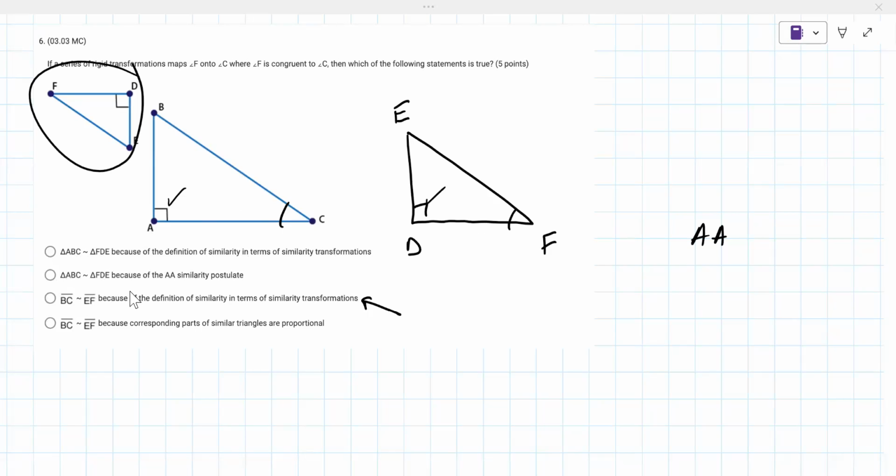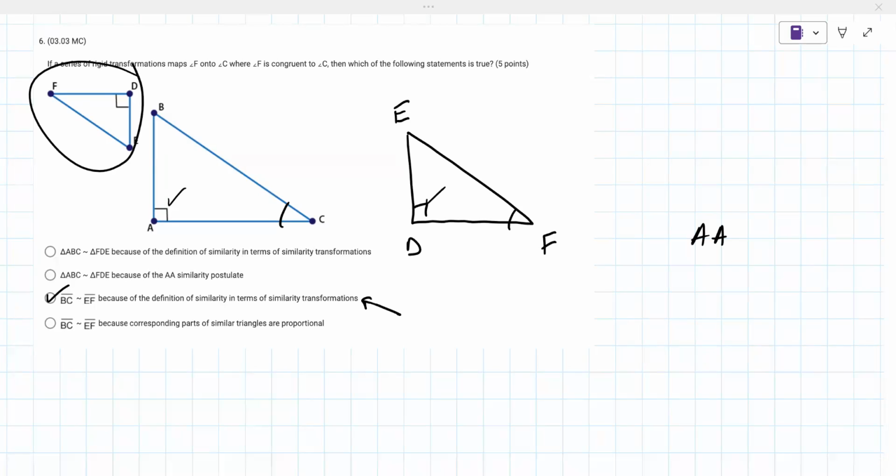So I guess if you're asking me, I would go with this one here. I would maybe double check the notes. I am seeing similarity transformations as being a common word. Got it. Yeah, nice call.